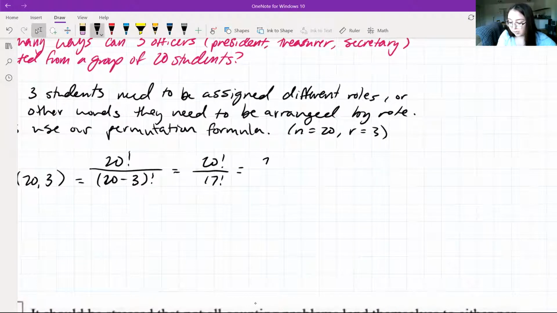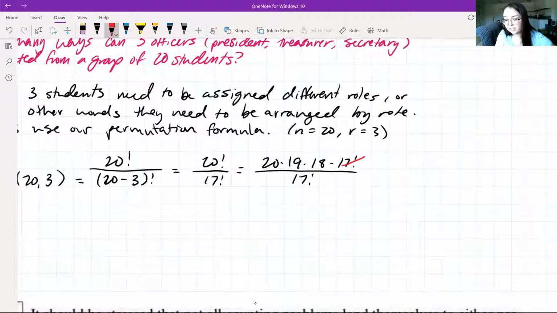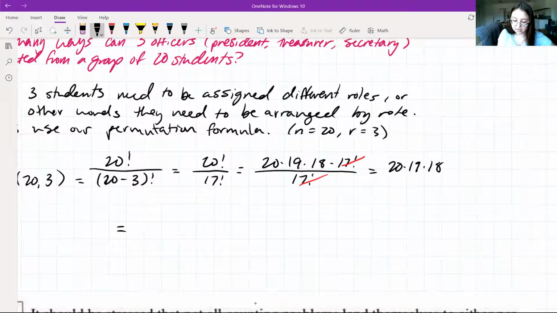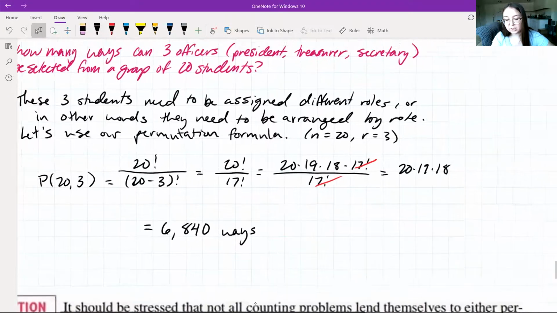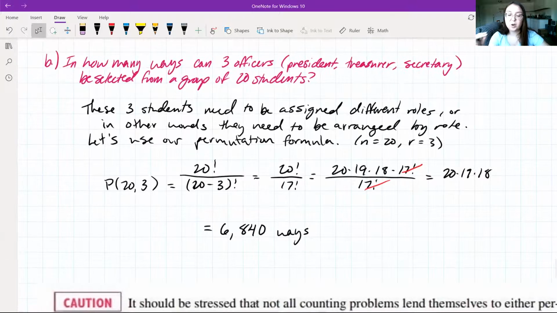And like before, we know we can extend out our numerator in order to be able to cancel out our 17 factorials. All this leaves us with now is 20 times 19 times 18. And when we simplify this and multiply these terms together, we get 6,840 ways that we can choose 3 different officers out of a group of 20 students.